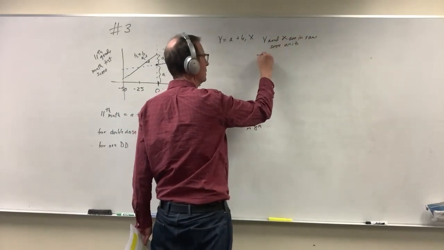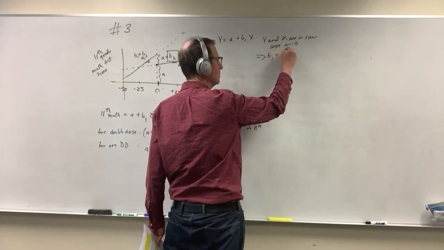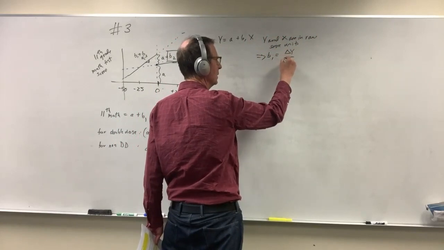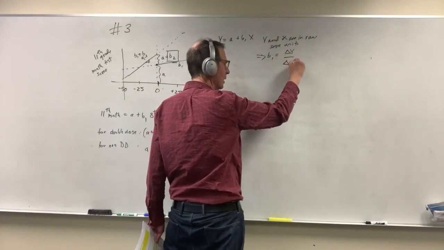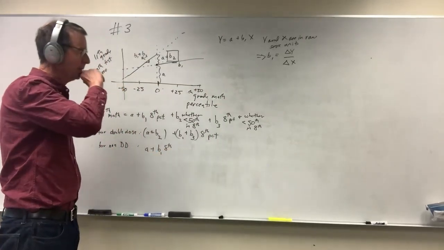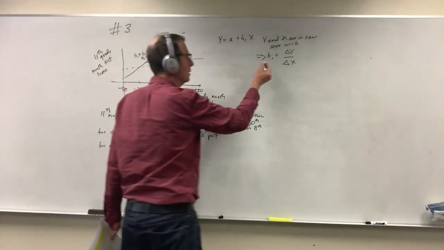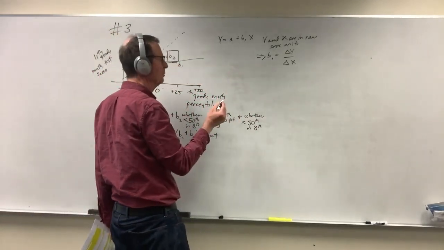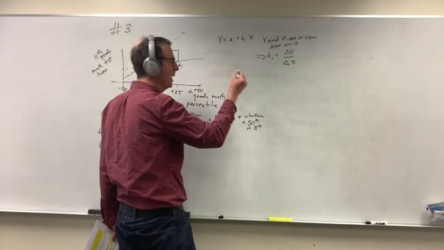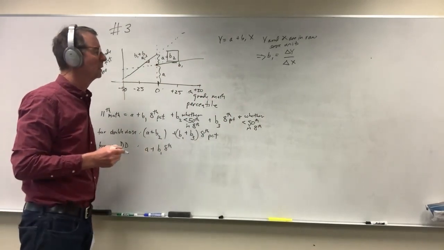So B1 is equal to a change in the raw score units of y relative to a 1 raw score unit change in x. And the question is, how would you go about converting this B1 into a standardized coefficient? In other words, you want a standardized change in y relative to a 1 standard deviation change in x.